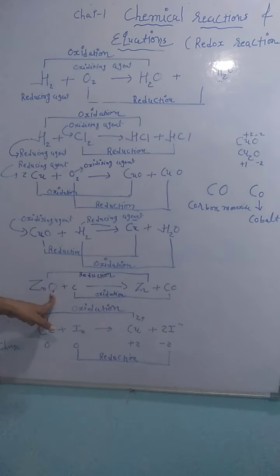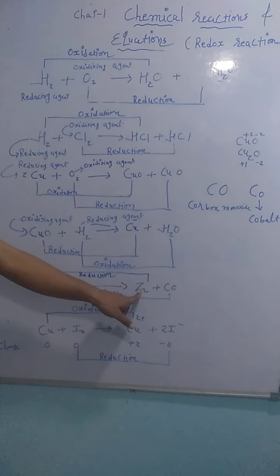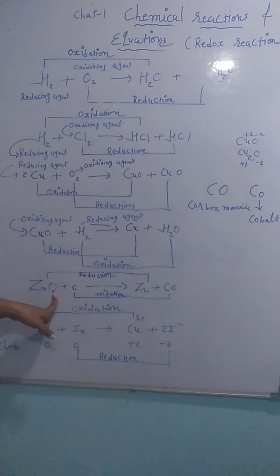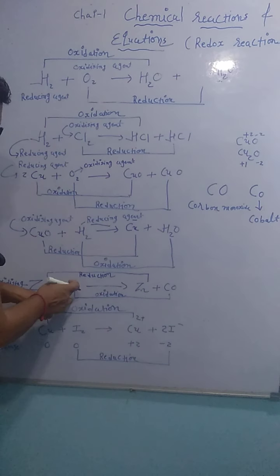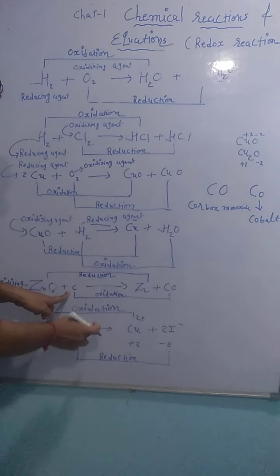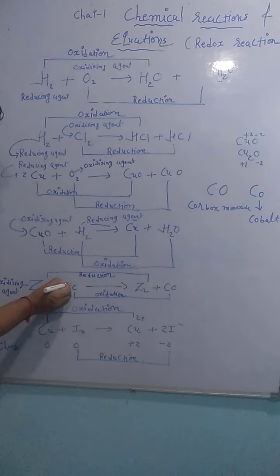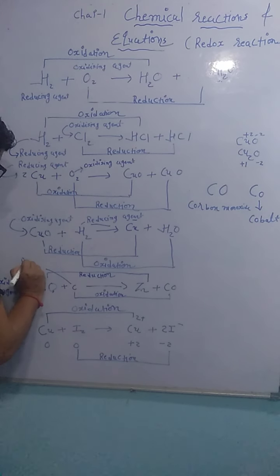Whenever you compare zinc oxide and zinc, oxygen is removed here. So this reaction is a reduction reaction, so zinc oxide is the oxidizing agent. Compare carbon and carbon monoxide. Oxygen is added, so it is an oxidation reaction. So carbon is the reducing agent.